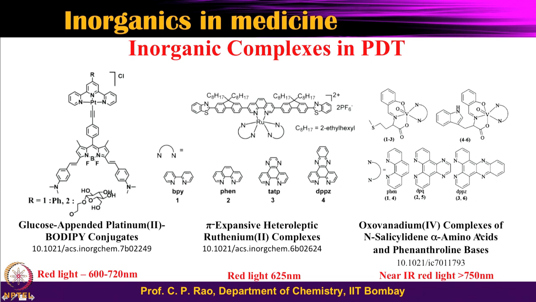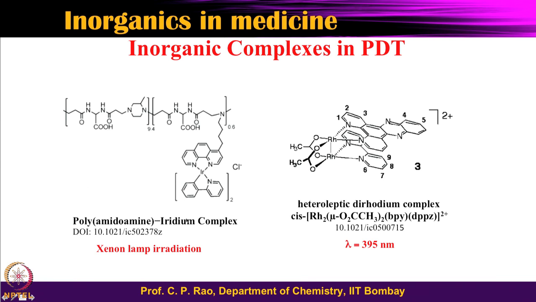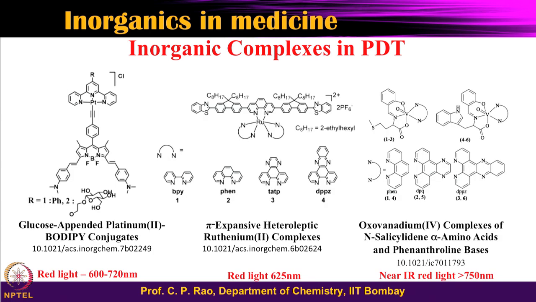This is oxo-vanadium(IV) complexes of salicylidene alpha amino acids and phenanthroline bases. And these are pi-expansive heteroleptic ruthenium(II) complexes. These are glucose-appended platinum(II) compounds. So, all of these are suitable for different kinds of activities, particularly for PDT in cancer treatment.